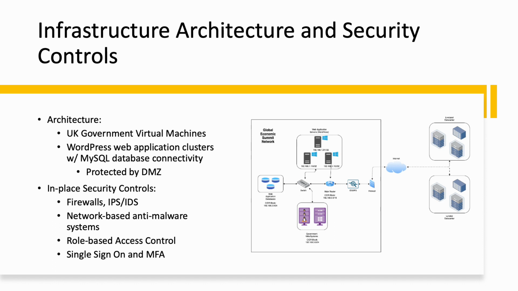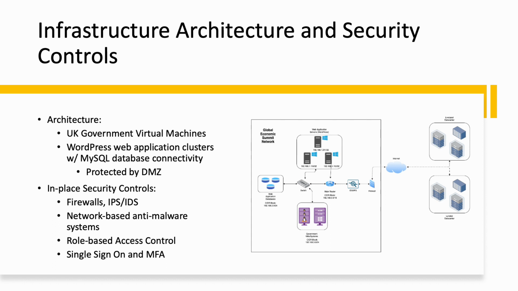The first thing I wanted to highlight is that we have UK government virtual machines connected, as well as a cluster of WordPress web applications that are connected to several MySQL databases. These WordPress web applications are protected behind a demilitarized zone, or a DMZ for short.